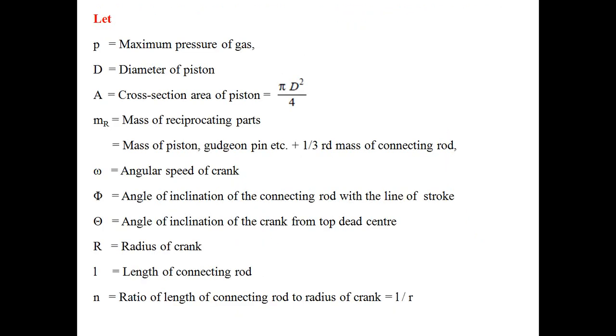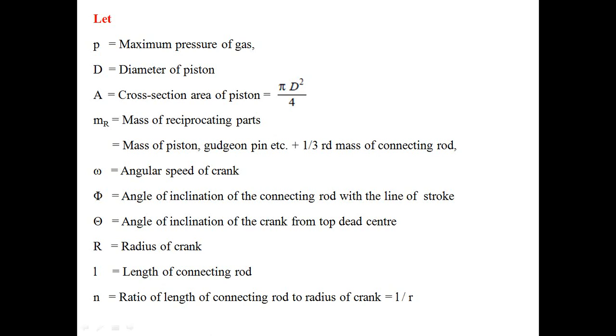Let us assume small p is the maximum gas pressure, D is the diameter of the piston, A is the cross-sectional area of the piston. The cross-section of the piston is circular, that's why its area is pi by 4 D square. Mr is the mass of the reciprocating parts.